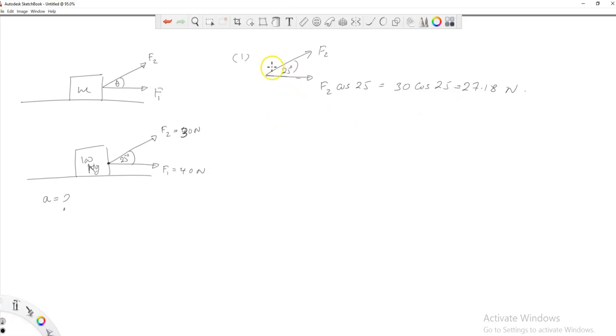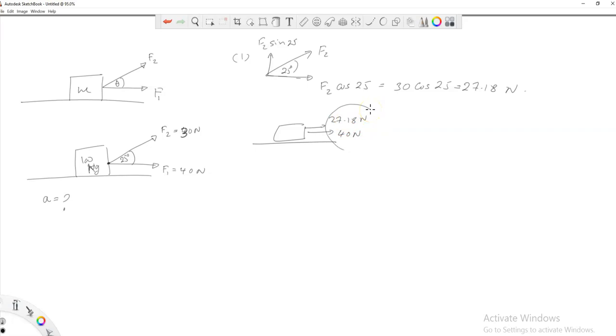Now you can find the F2 sine 25 component as well. It will be a small force, something like 10 newtons probably, and it's not going to do anything because it's not enough to lift it, so let's not worry about that. So on the object we have 40 newtons going this way. Also we have 27.18 newtons going this way.